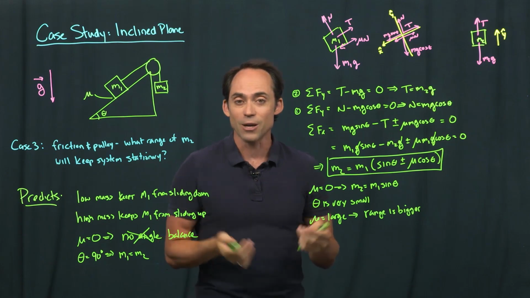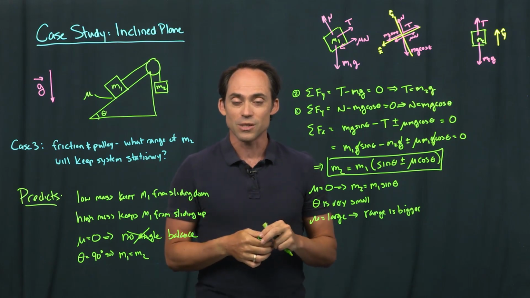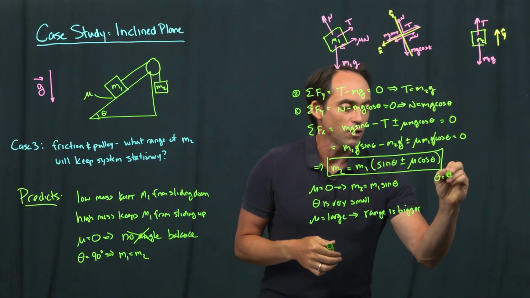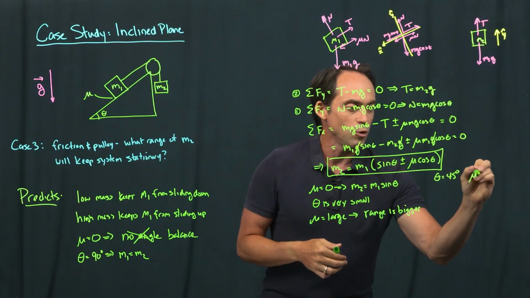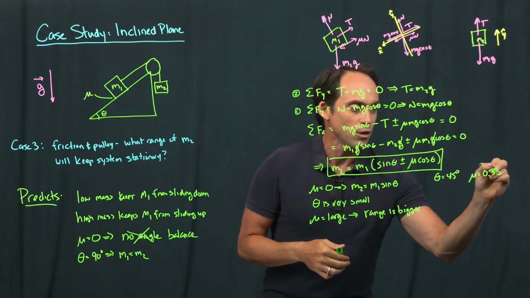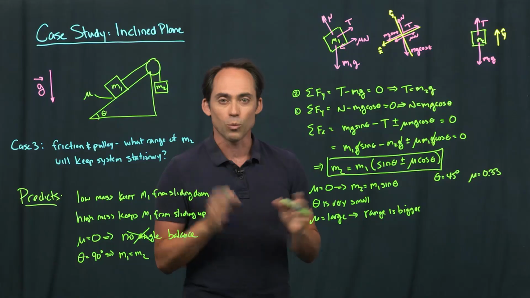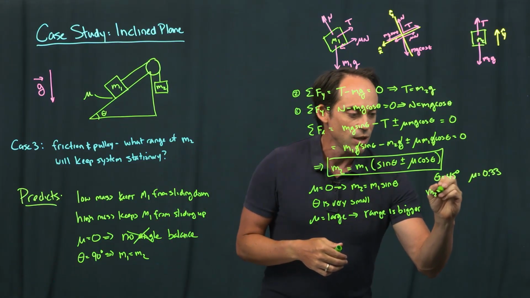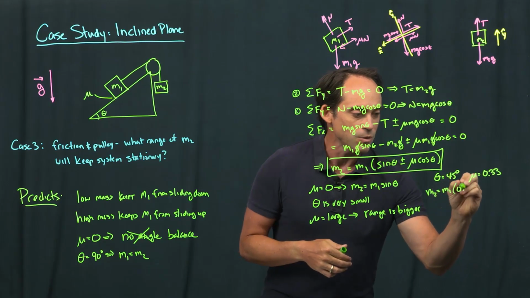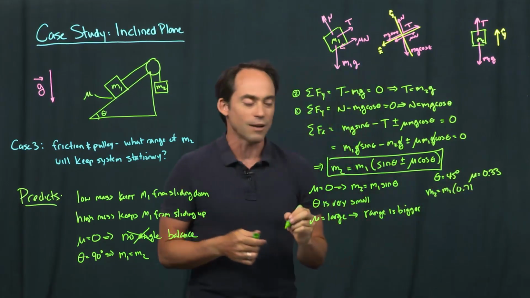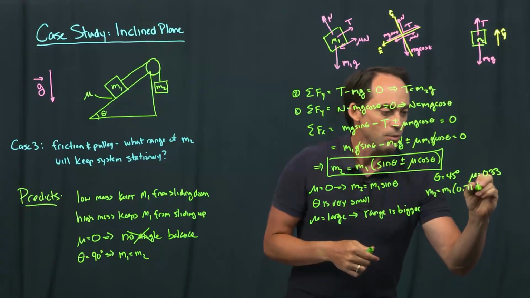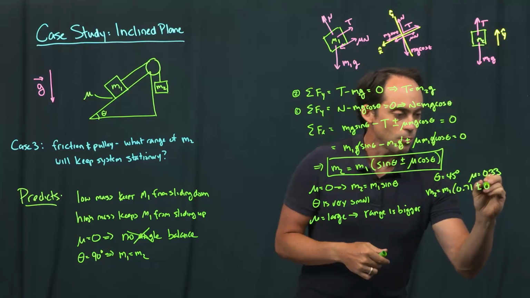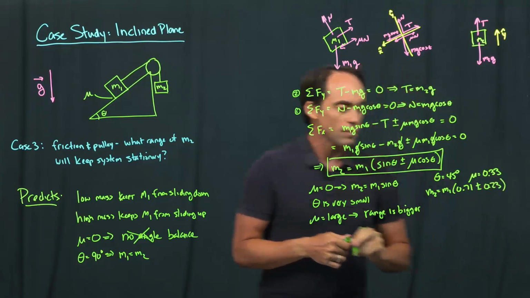Now we can also evaluate some example numbers just to see what the expressions look like. Let's say I take an angle of 45 degrees and a mu value of 0.33, which is typical for wood-on-wood contact. In that case, m2 is equal to m1 times 0.71, which is the sine of 45 degrees, plus or minus a third of 0.71, which is 0.23.